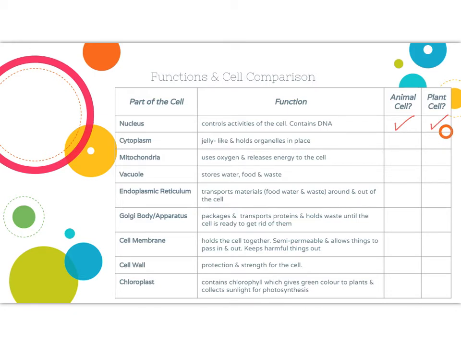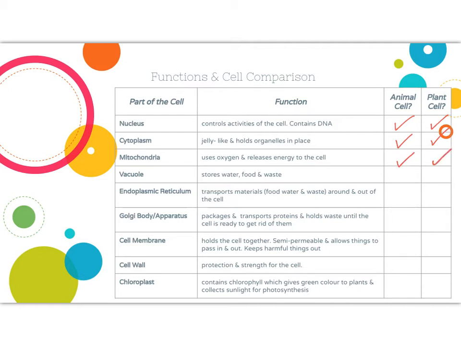The cytoplasm is the jelly-like substance, and it holds the organelles in place, okay? It's kind of the filling of the cell. Do animal cells have it? Yes. Do plant cells? Yes. Mitochondria uses oxygen and then releases energy to the cell. Mitochondria occur in both animal and plant cells.